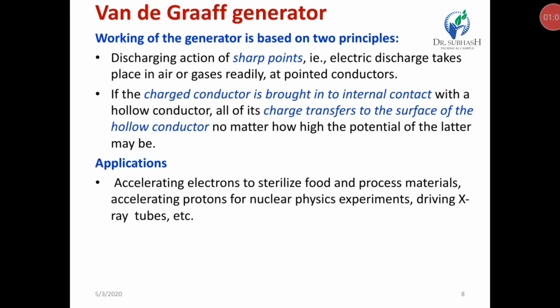It means electric discharge takes place in air or gases readily at point conductors. If the charged conductor is brought into an internal contact with a hollow conductor, all of its charge transfers to the surface of the hollow conductor, no matter how high the potential of the latter may be. How the charge is spread in a hollow conductor we will see in the next slide.